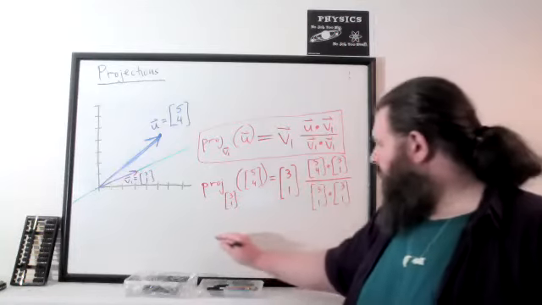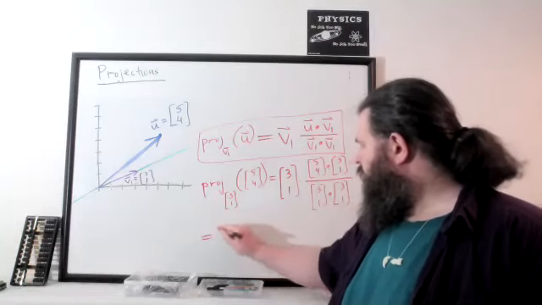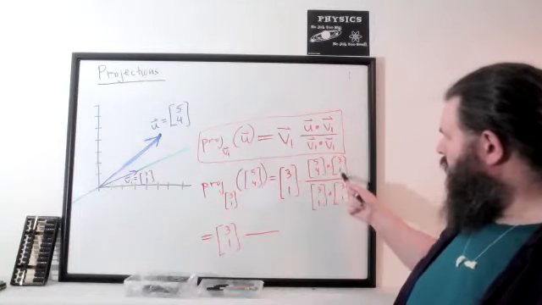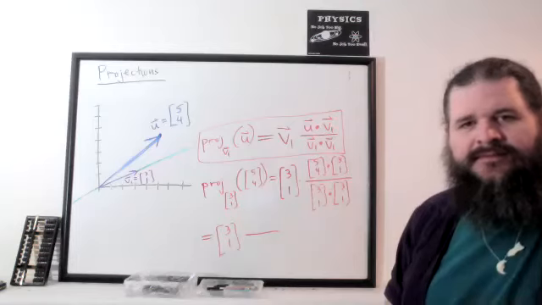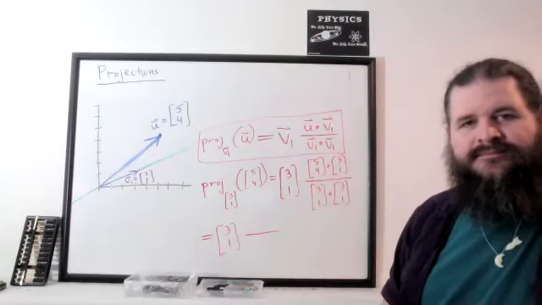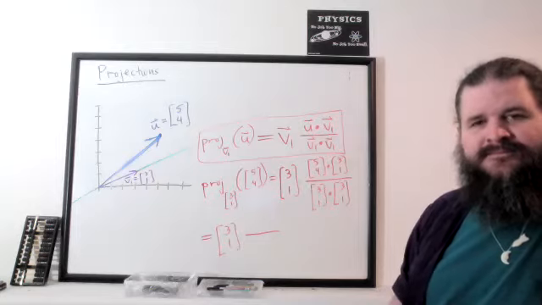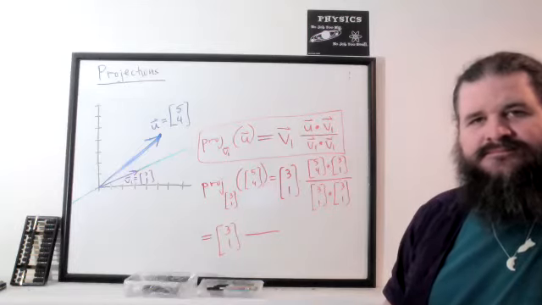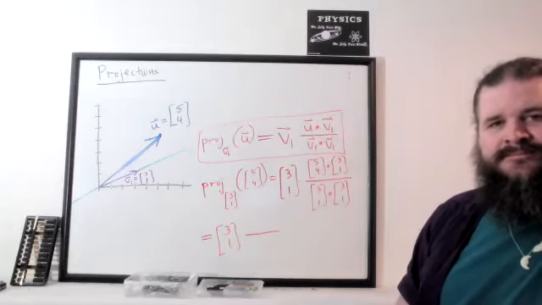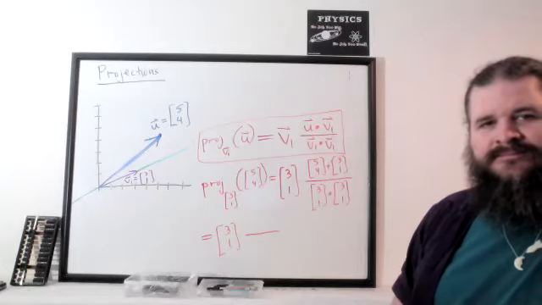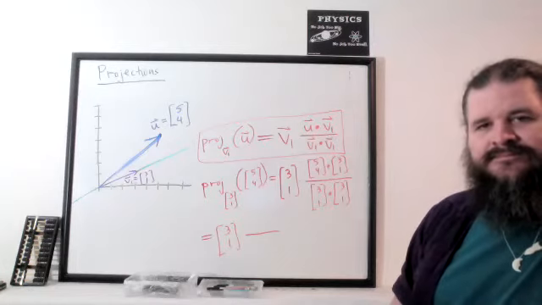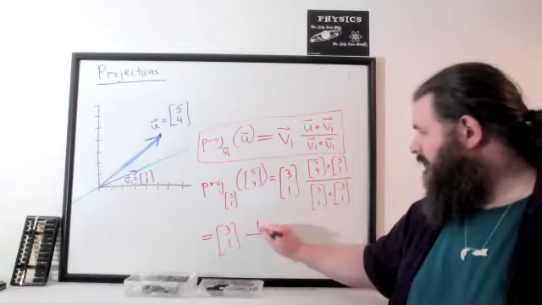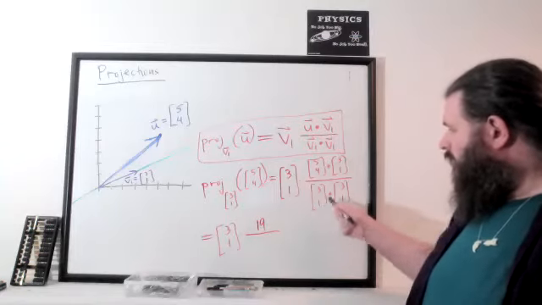So let's work out each of those dot products. 5, 4 dot 3, 1, what's that dot product going to be? Yeah, 5 times 3 plus 4 times 1, 15 plus 4 is going to be 19. And then the denominator, 3, 1 dot itself.